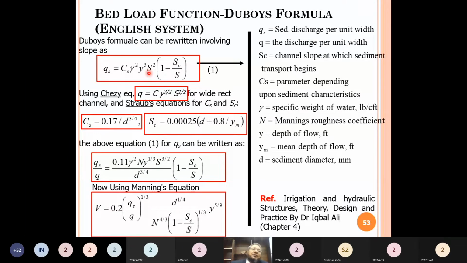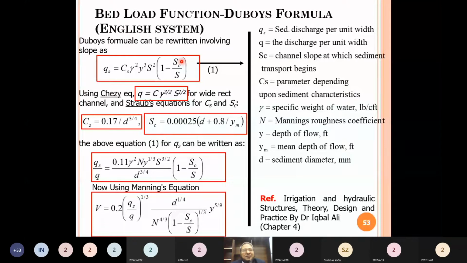And when the flow is uniform, the slope of the energy line is the same as the water surface slope, and it is the same as the bed slope of the channel. So this S is the bed slope. What is Sc? Sc is the critical slope.